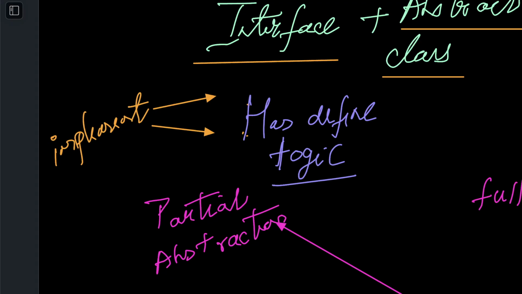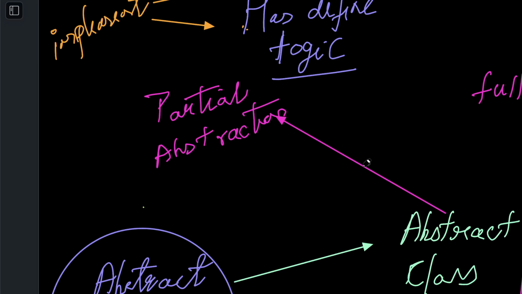So if you're using an abstract class, it may contain an abstract as well as non-abstract method. So this is something called partial abstraction. If you're using an interface, this concept is applied even in value types, right?